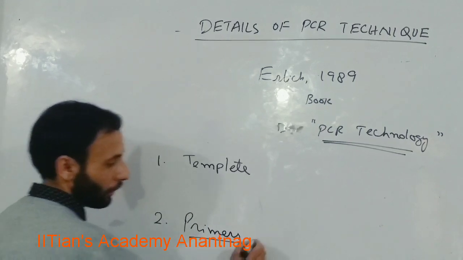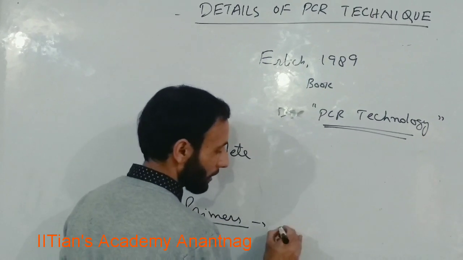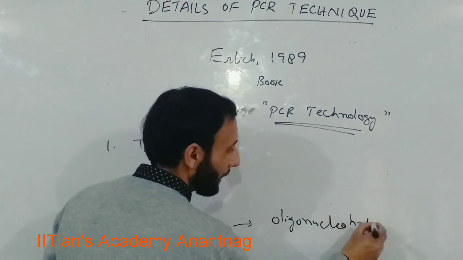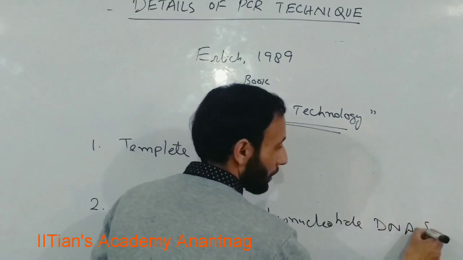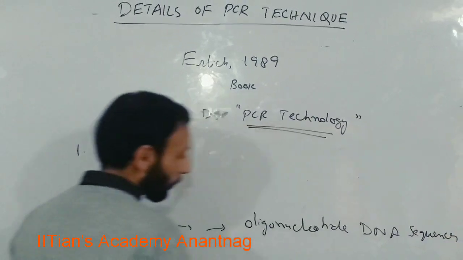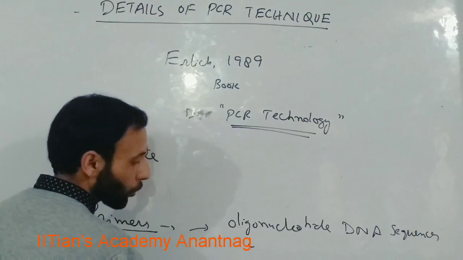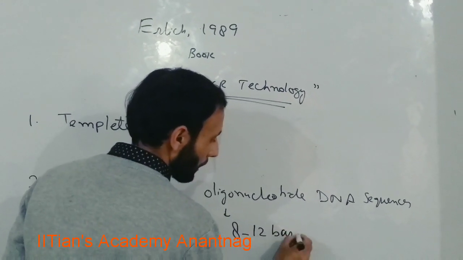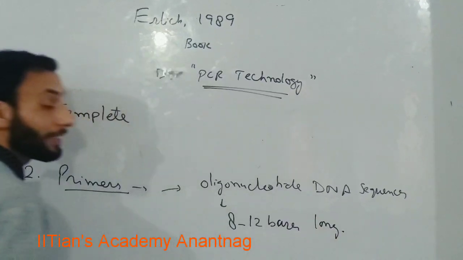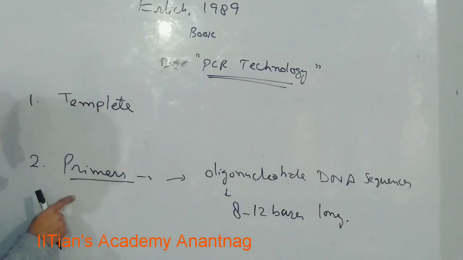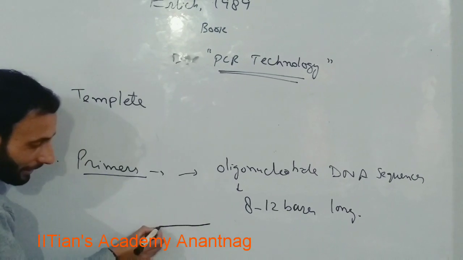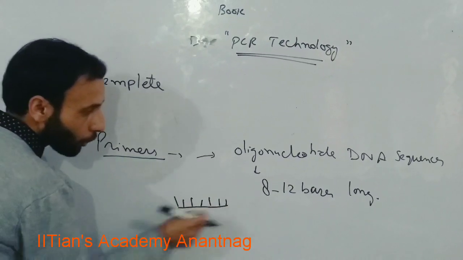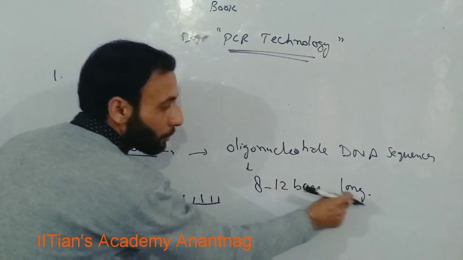Primers are short oligonucleotide DNA sequences, single-stranded DNA fragments, usually 8 to 12 bases long.